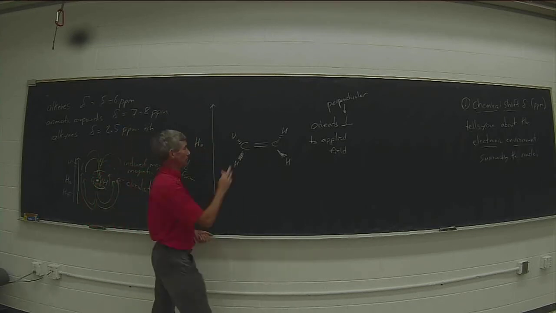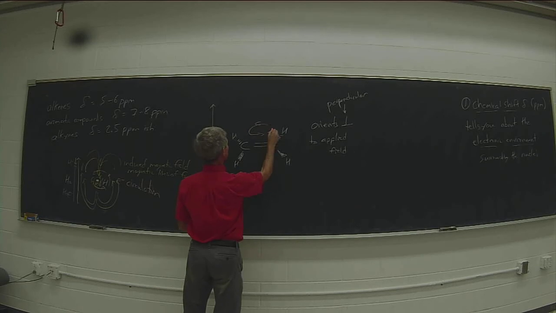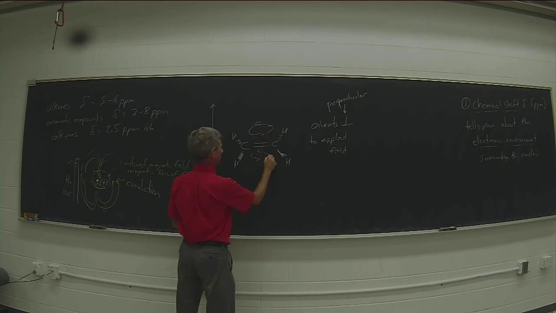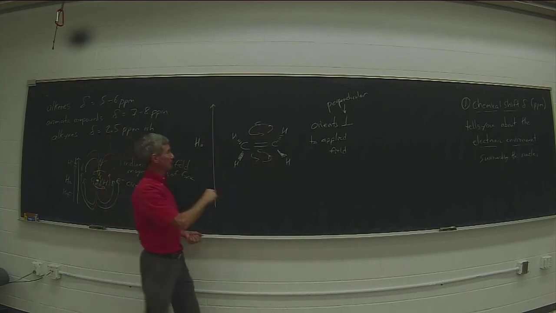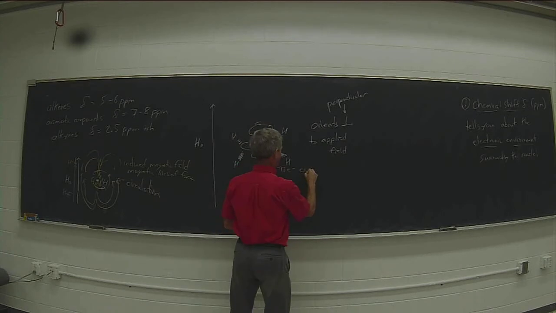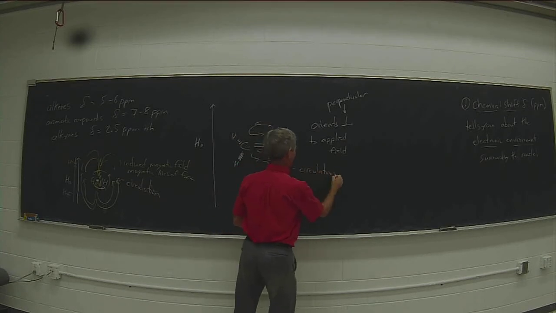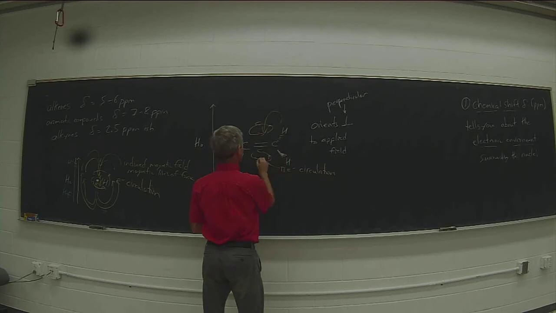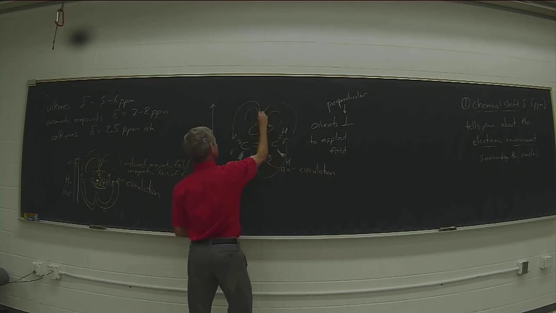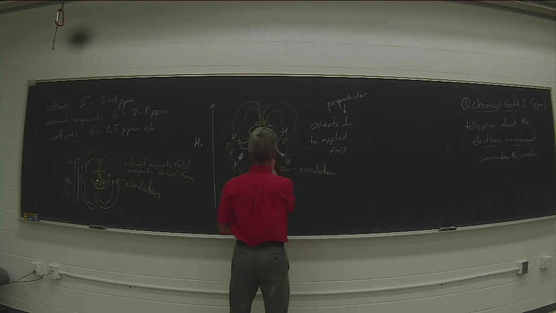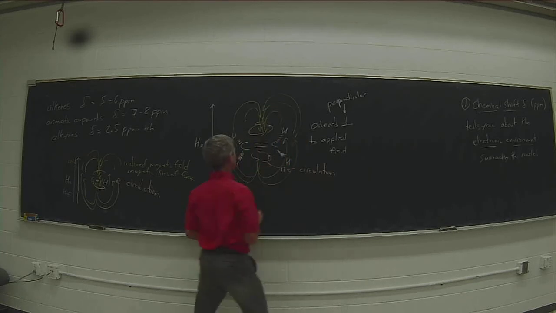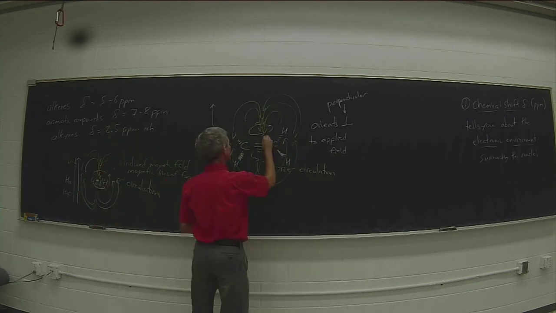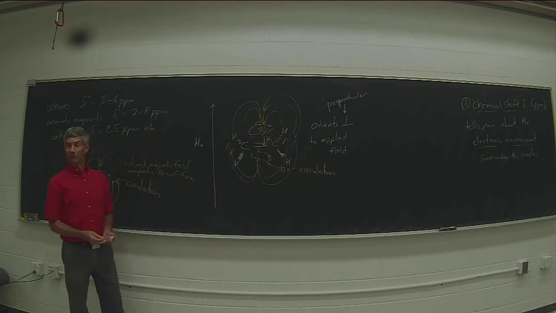The pi electrons, because the pi bonds are both above and below the plane, are going to circulate. And that pi electron circulation is going to cause a current that once again causes magnetic lines of force to be created that in the center of the circulation create an induced field that opposes the applied field.